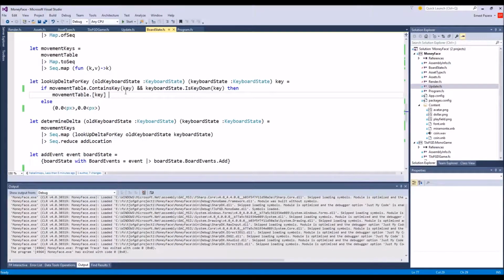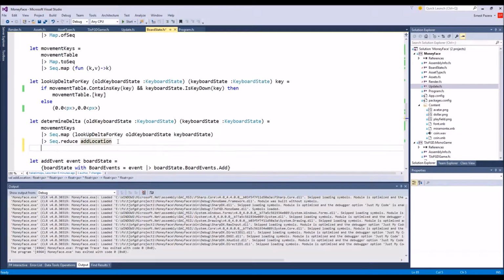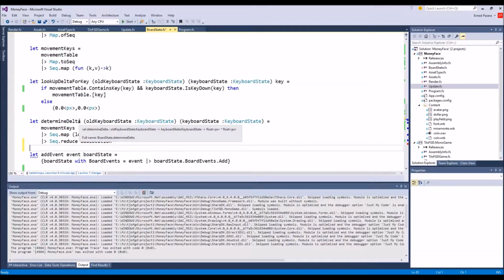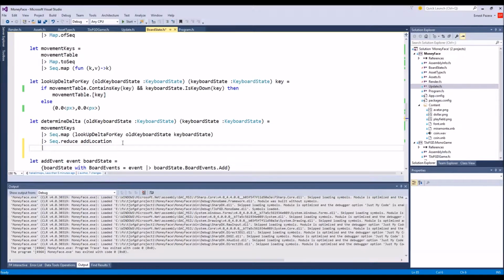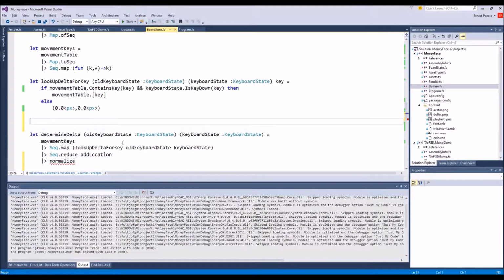And then also I need to normalize. So I now have, oh, okay. So now it gives me a float px. I want to normalize my delta. And what I mean by normalize is mathematically normalize.